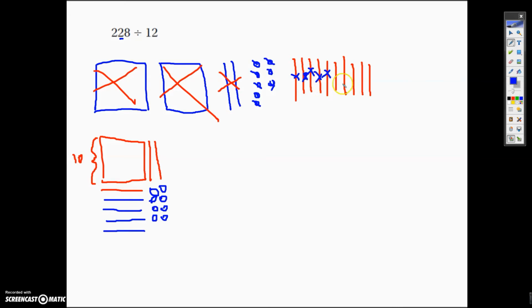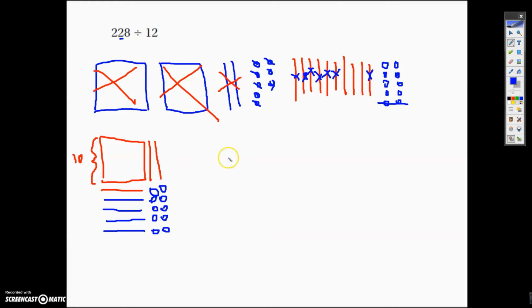Well, I guess I'm going to have to break a 10. So I give the cashier one of my 10s, and he gives me 10 ones. There we go. Okay, so now I can take 2 of these.